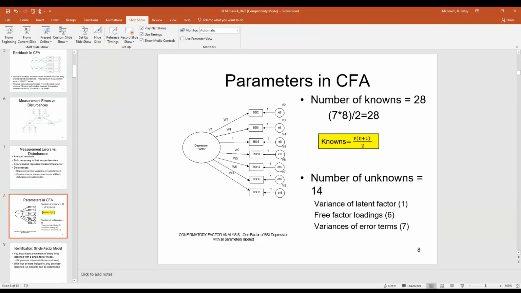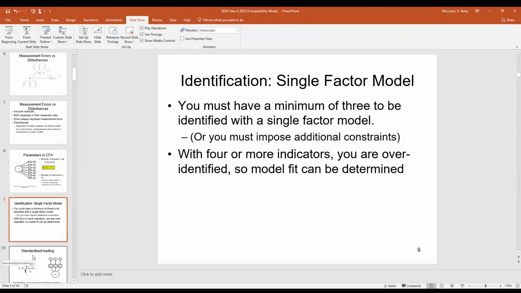Okay. All right. So in terms of identification for a factor model, if you have a single factor model, it's really easy. You have to have a minimum of 3 indicators in order to be identified. And if you count it out, you'll see that with 3 indicators in a single factor model, you end up with 0 degrees of freedom. Otherwise, you would have to impose additional constraints. Sometimes people have only 2 indicators on a factor in a single factor model, and that's not much of a factor, is it?